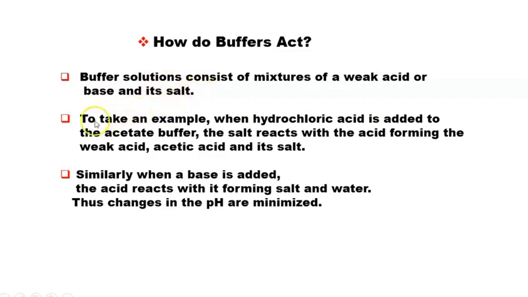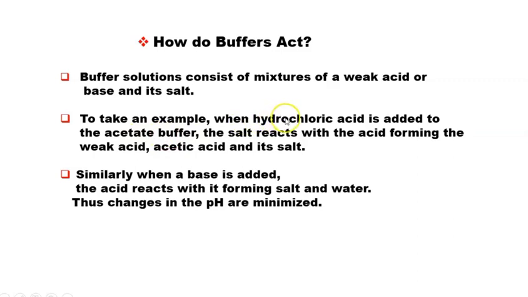Now we proceed. To take an example, when hydrochloric acid is added to an acetate buffer, the salt will react with the acid, forming the weak acid, acetic acid, and its salt. You see now that hydrochloric acid, which is a strong acid, is added to an acetate buffer, which is already a buffer.